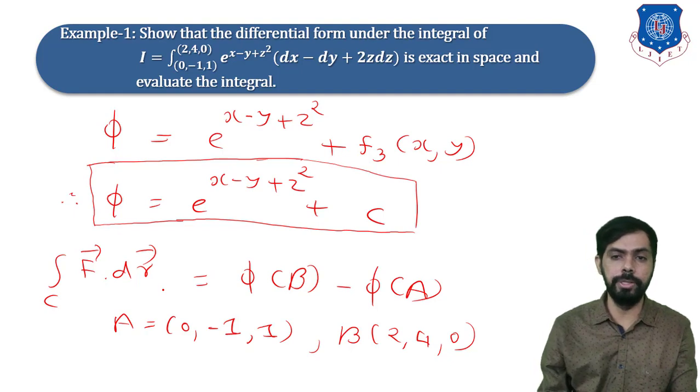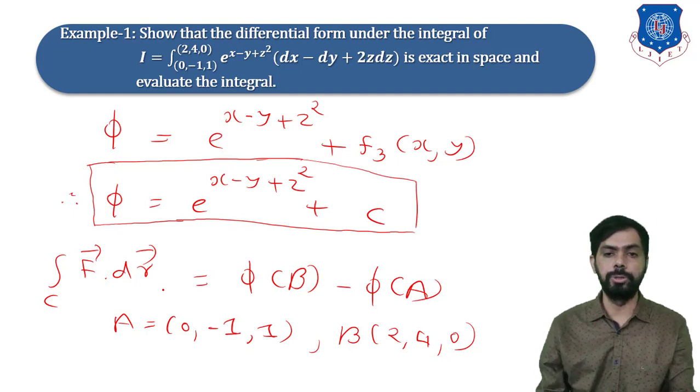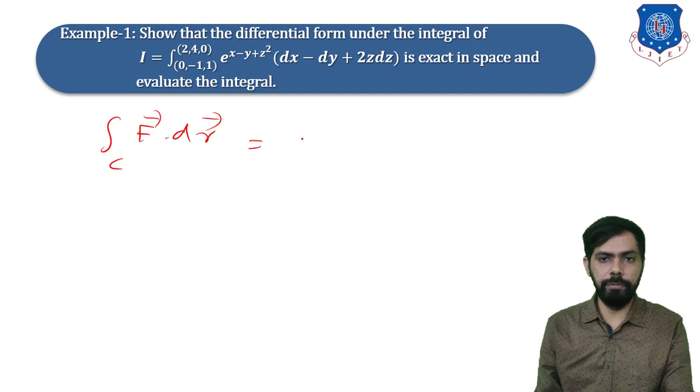Therefore integration f dot dr over a curve C is equal to e raised to, here we will replace x by 2, y by 4, and z by 0.